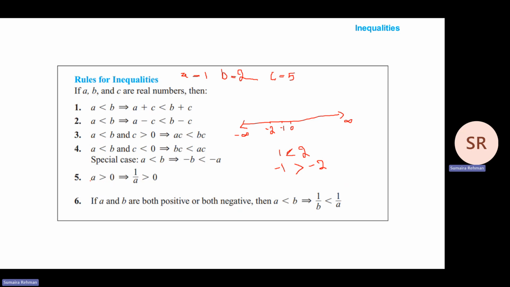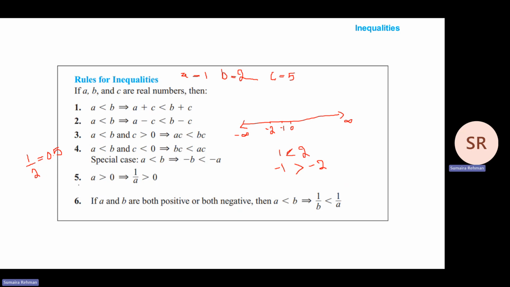For example, 2 is greater than 0, then 1 upon 2 would be 0.5, which is obviously greater than 0.